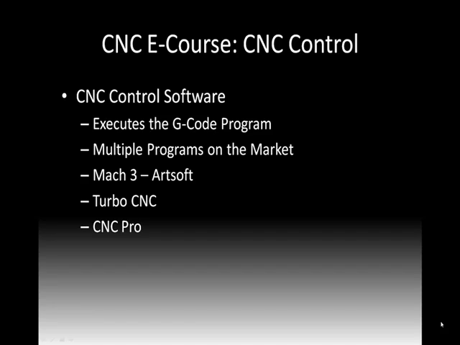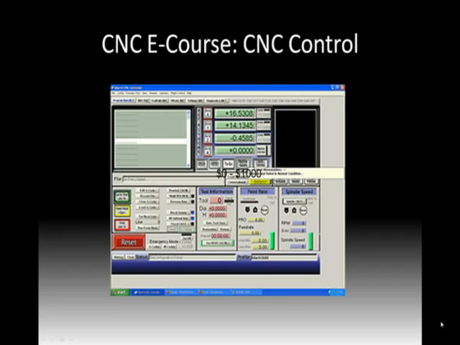It's kind of an organic control program that's grown over the last, I don't know, 5 or 6 years, and has a huge community of supporters and people that help out with it. But I've also used Turbo CNC and CNC Pro, the DOS versions of those. So just so you know, there's a number of them out there on the market.